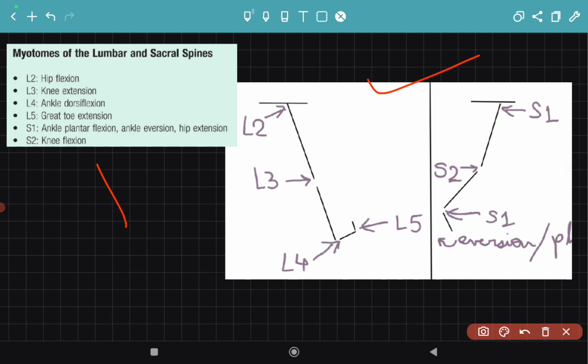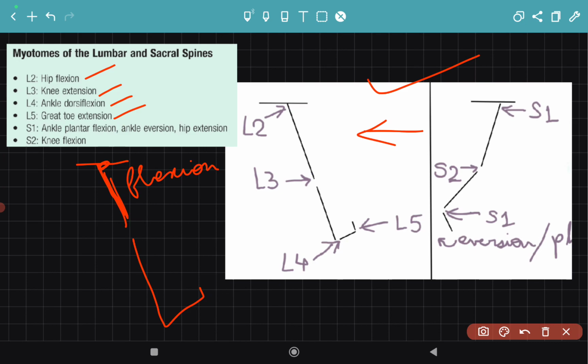This position, if we see, is for remembering L2, L3, L4 and L5 myotomes, where the hip joint is flexed. Hip is in flexion, which can be correlated over here. So L2 is for hip flexion. The knee joint is in extension, which is L3 myotome action.